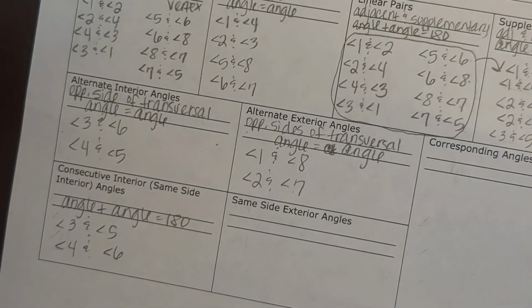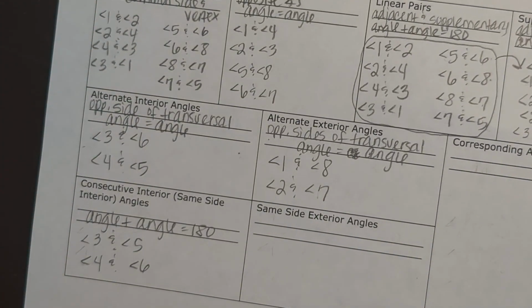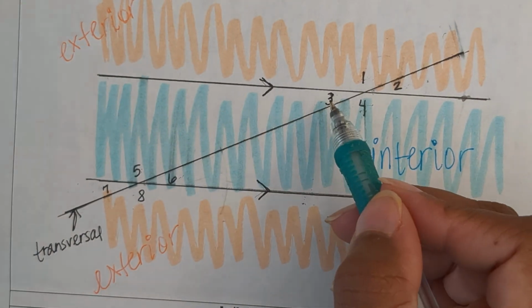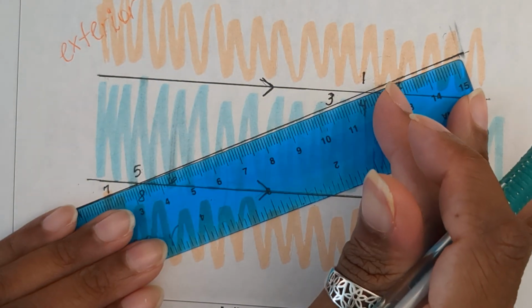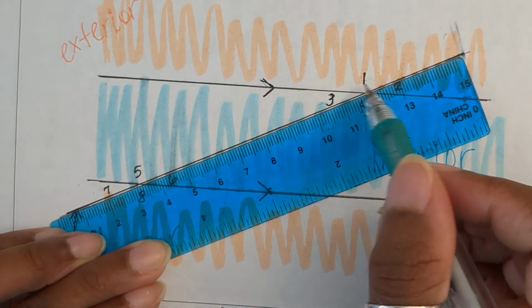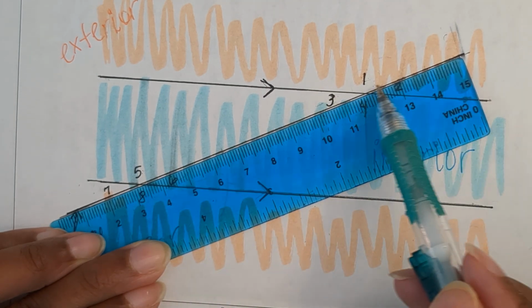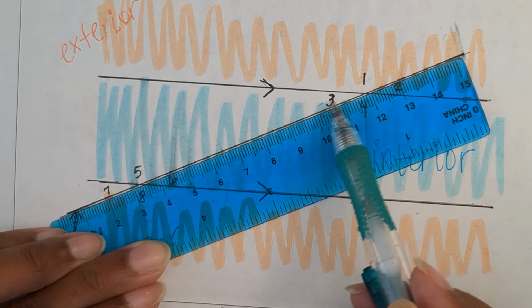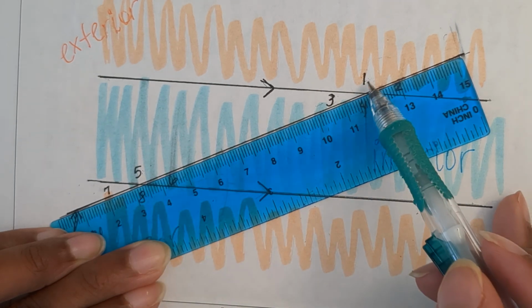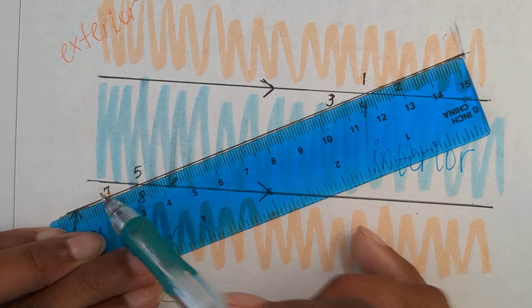All right, cool. Same side exterior angles. Notice that I don't say consecutive exterior because that's impossible. Consecutive means one after the other. As you can see here, let me cover up this side. Angles 3 and 5 come one after the other, but angles 7 and 1 do not because the 3 and the 5 are between them. If we were to go in order, it's 1, then 3, then 5, then 7. But 1 and 7 are on the same side of the transversal, and they're on the exterior.